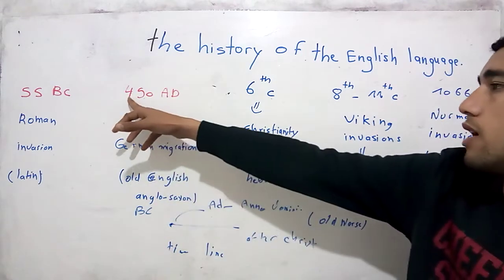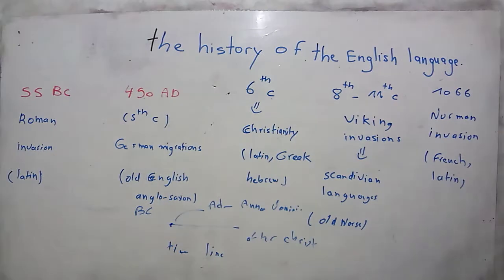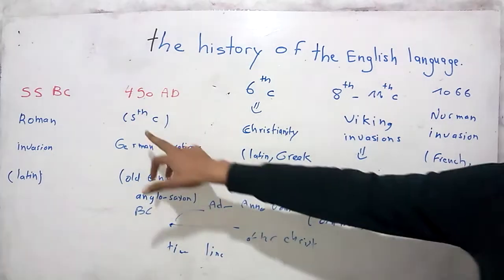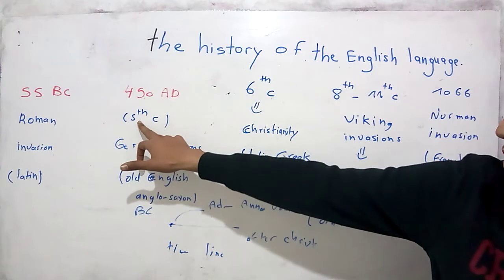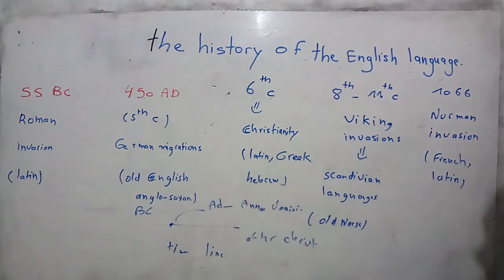After that, in 450 AD, AD stands for after Christ, especially in the 5th century, we have German migrations.